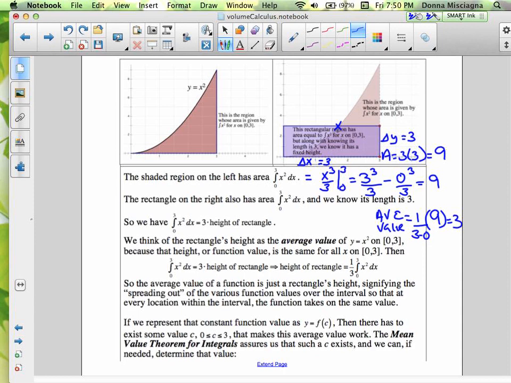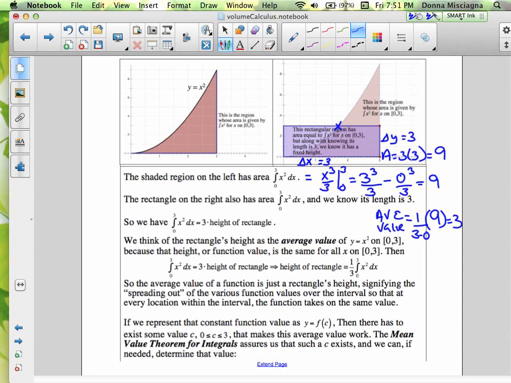The rectangle's height signifies spreading out all the various function values over the interval, so every location within the interval takes on the same value. If we represent that constant value as y equals f of c, there has to exist some x value that makes this average value work.